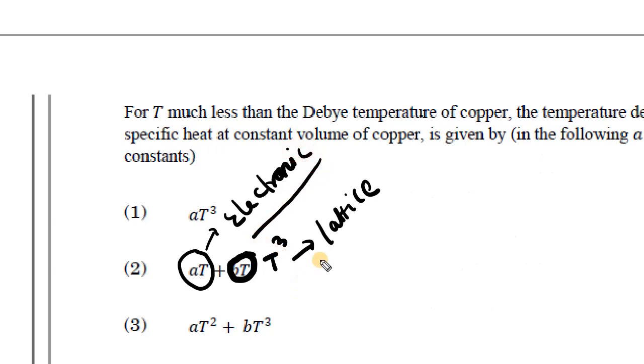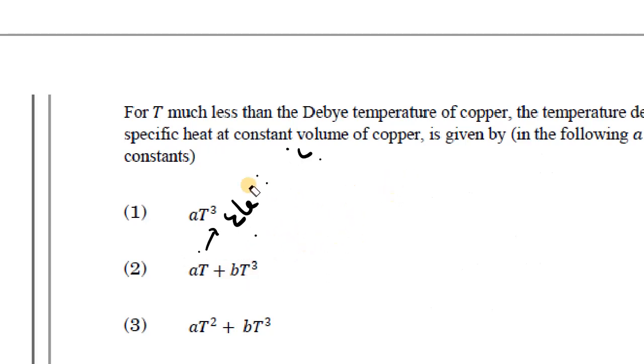So T^3 is for lattice and this is for electronic. If you did not read this, if you could not do it, then I am very sorry.